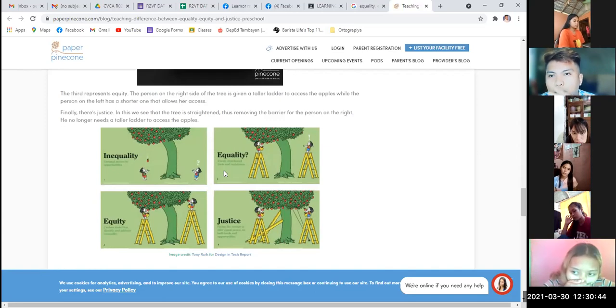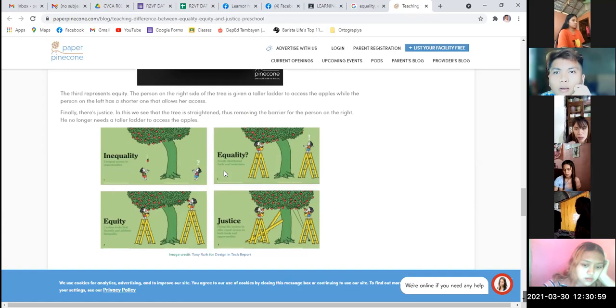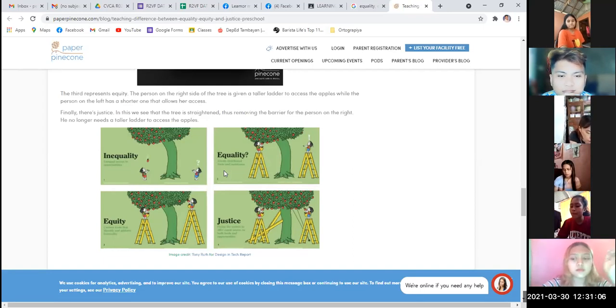Si Jose ay kumikita lamang ng 2,000 sa isang buwan. That is inequality. Now, provided we have the idea of equality, may ayuda. Magbibigay ako ng tig-2,000 sa kanila. Why? Because it's equality, we are evenly distributing tools. Pantay na pagbibigay. Kung makaka-receive si Jose ng 2,000, ganun din si Pedro.